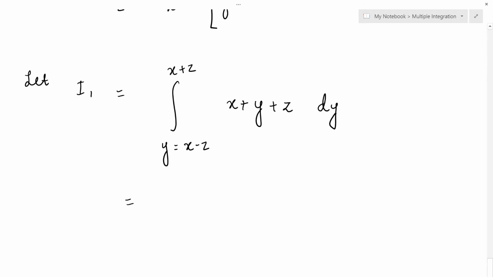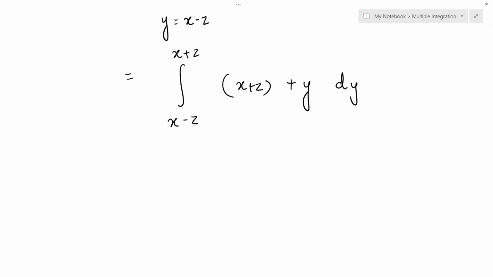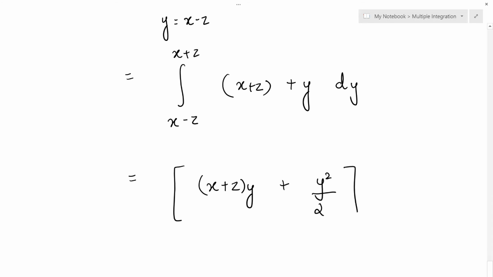Now you know that x plus z is constant, so you can take that constant in one bracket. The integration of a constant will be x plus z into y, and the integration of y will be y square upon 2. The limits are x minus z to x plus z.